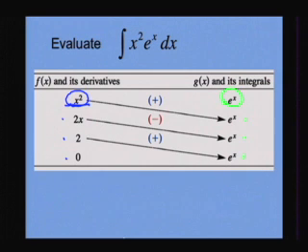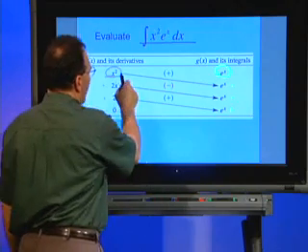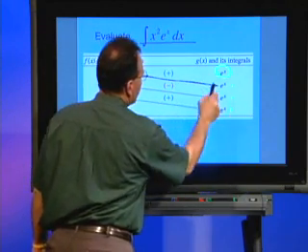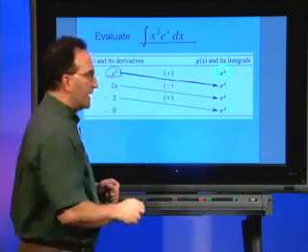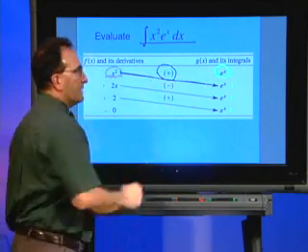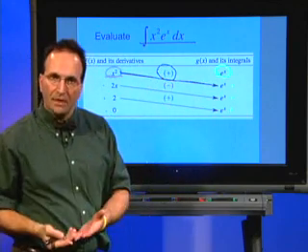And now what we can do is actually find the solution to the original integral problem of x squared e to the x dx by combining these products following the arrows and using alternating signs starting with a plus sign.